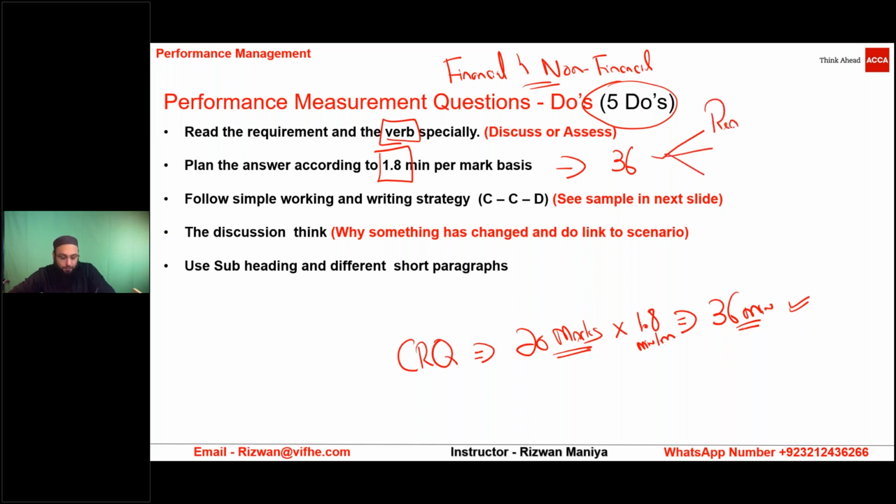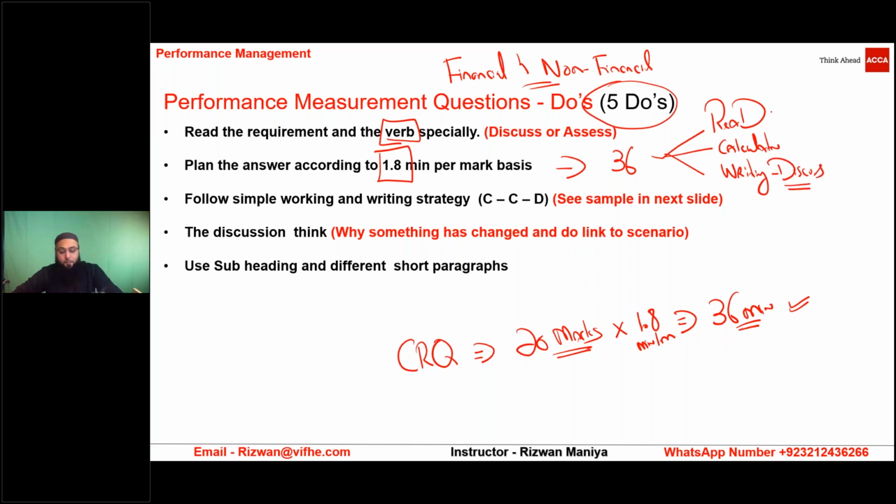Number 1, reading of the question. Second, calculations to be done. And the writing part, which I am calling the discussion part.